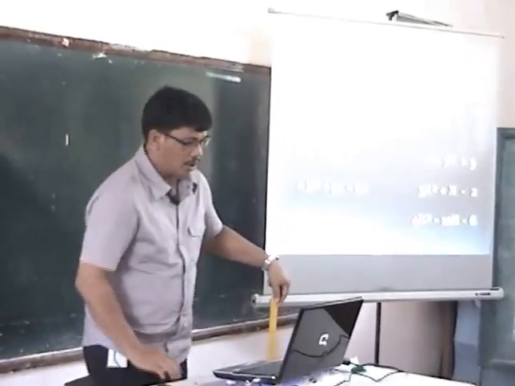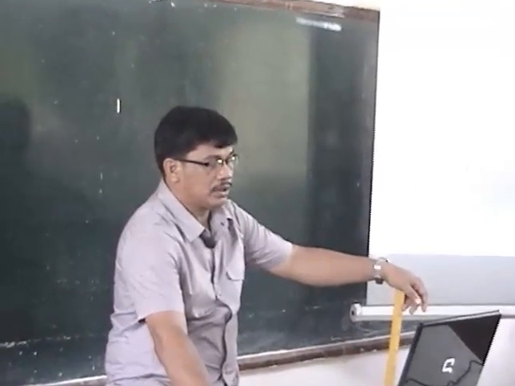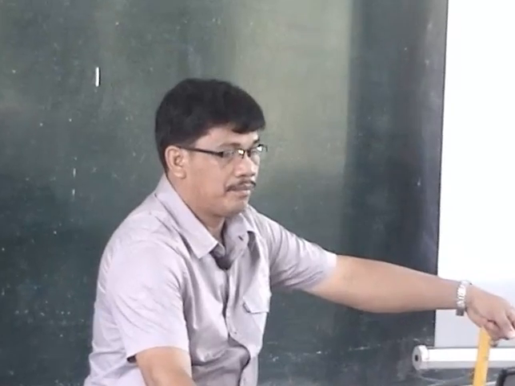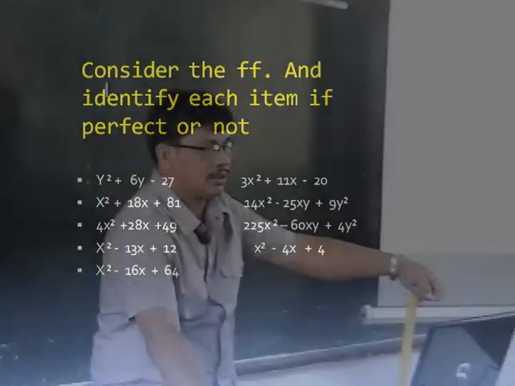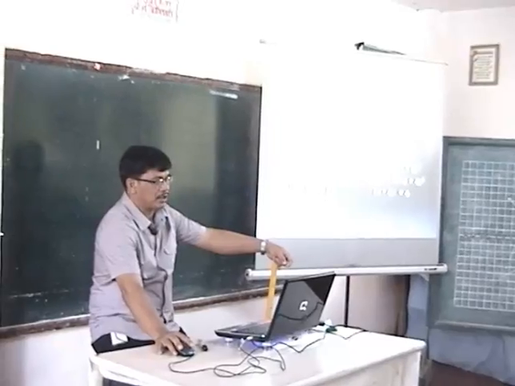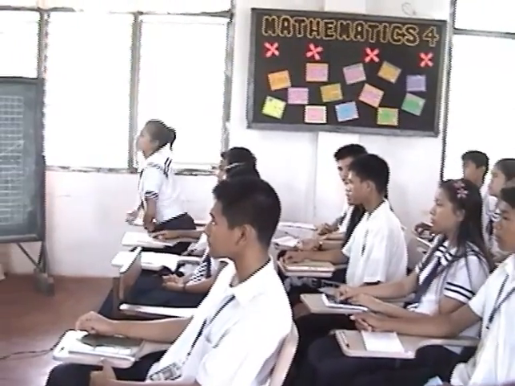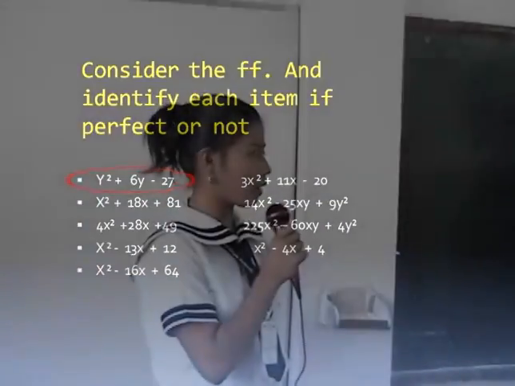So, let me give you examples, and I want you, class, to identify which of these examples are perfect or not perfect squares. Let us try the first one. Anybody? Yes, Mary Rose? y squared plus 6y minus 27 is not perfect.